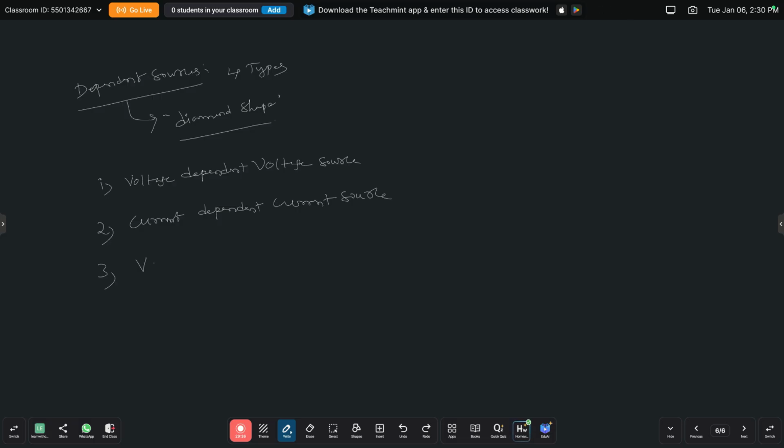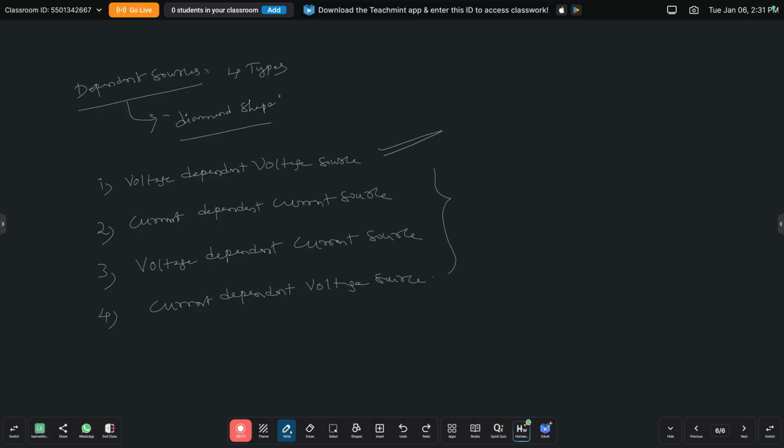The third one is the voltage dependent current source. And the fourth one is the current dependent voltage source. So these are the four types of dependent sources: voltage dependent voltage source, current dependent current source, voltage dependent current source, and current dependent voltage source. We have to represent these dependent sources in diamond shape.